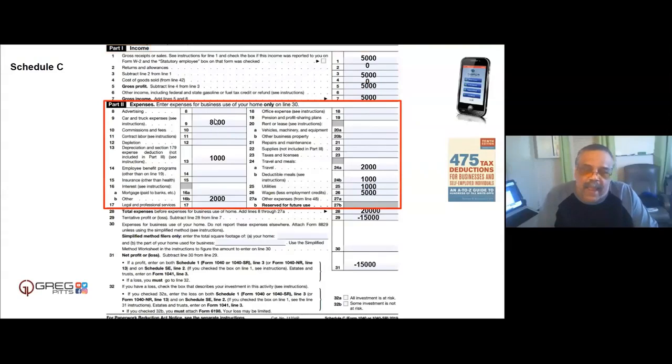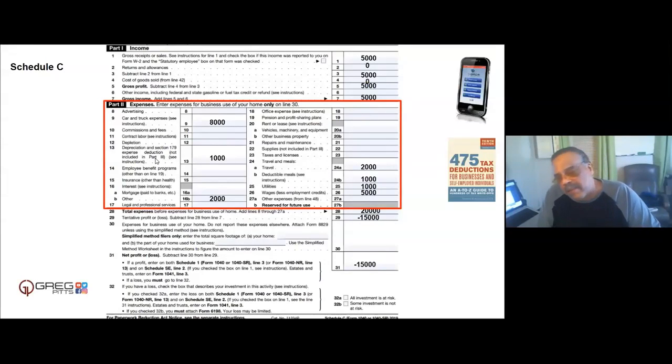In this example, we're using $8,000 as the car and truck expenses. At 56 cents a mile, I can promise you $8,000 is not hard to get. Well, in my case, it's not because I have a business that required use of my vehicle. Okay, you got deductions in there.